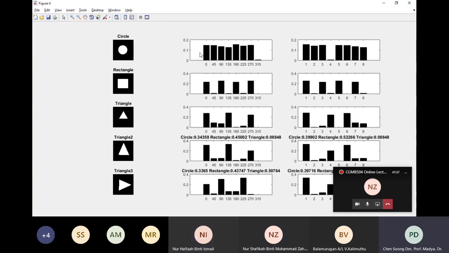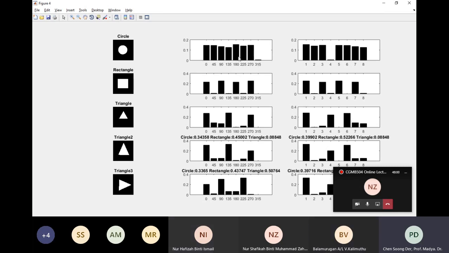So this is how we try to describe the shape in terms of numbers, because eventually the computer can only interpret numbers. So for us, we see the shape like this. But to describe shapes in terms of numbers, this is how we describe: we calculate the edge direction, and then we tabulate it in the form of a histogram.